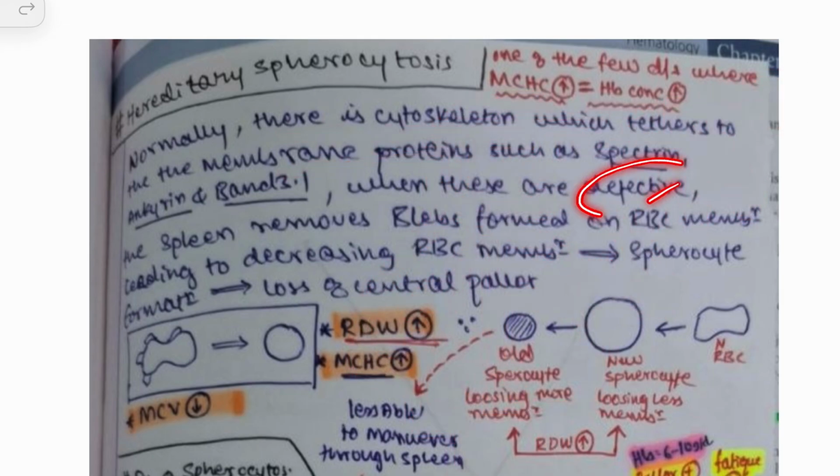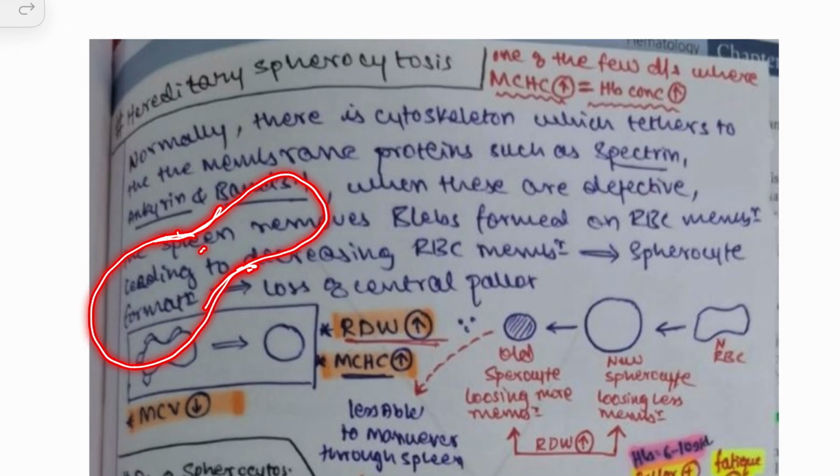When these are defective, the spleen removes the blebs formed on the RBC membrane, leading to a decrease in RBC membrane, that is, spherocyte formation. Loss of central pallor occurs. Suppose this is a normal RBC having the central pallor. Now it enters the spleen.